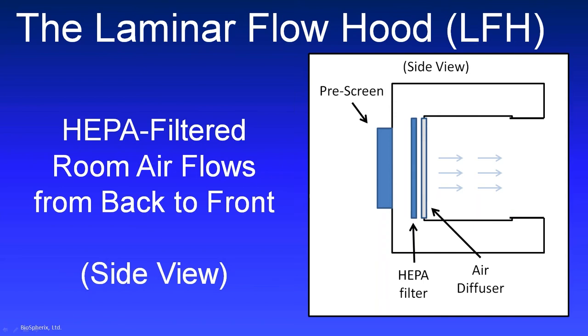This is a side view schematic of the airflow in the LFH. It's opening out to the room to the right, and the back of the system is to the left. There's a fan in the back that blows room air across the work surface after having been passed through a HEPA filter.